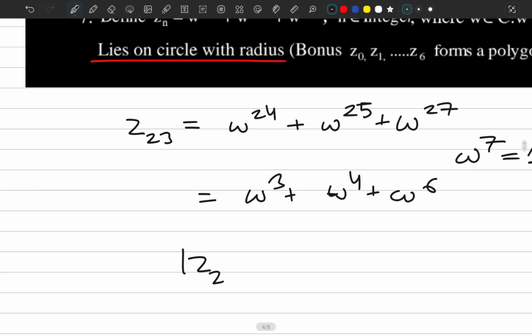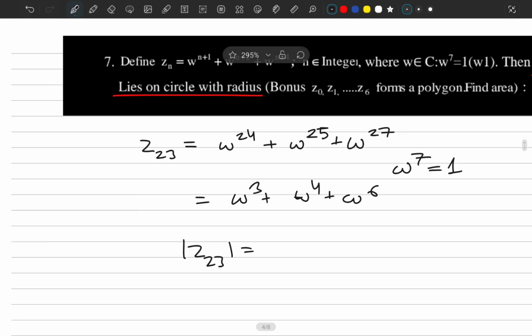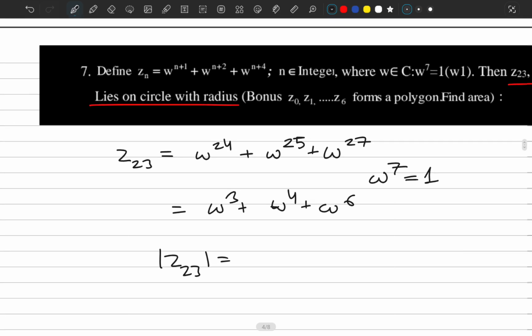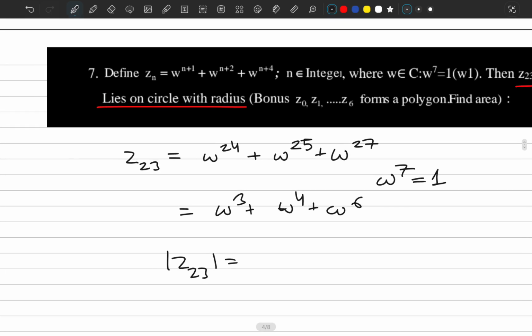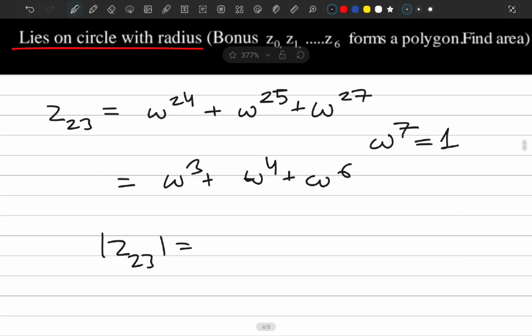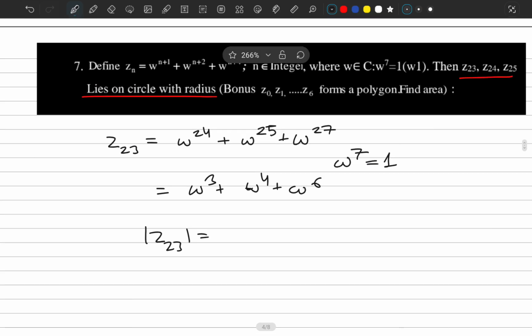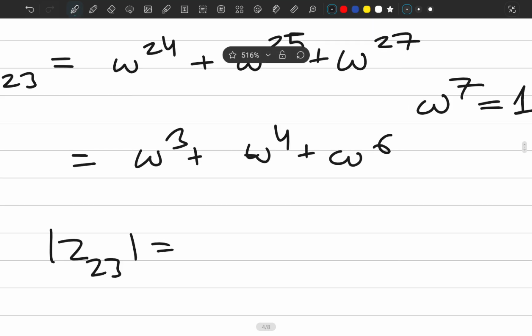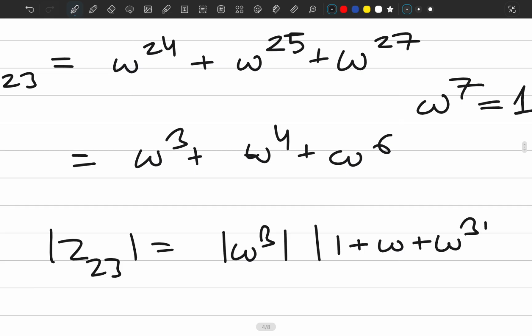So let us see the modulus here, right? It will be 1 plus omega cube.